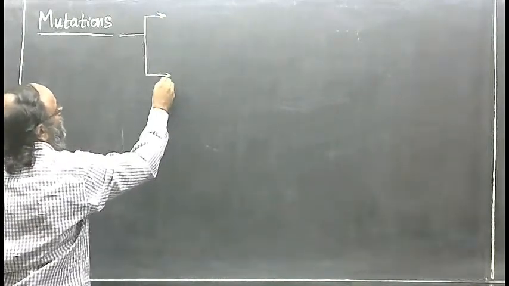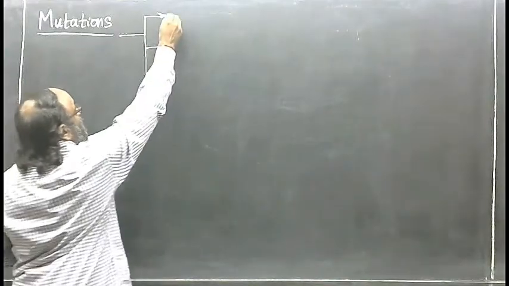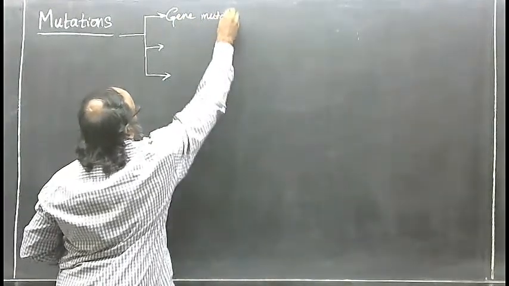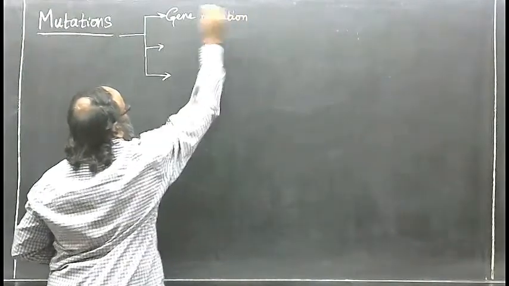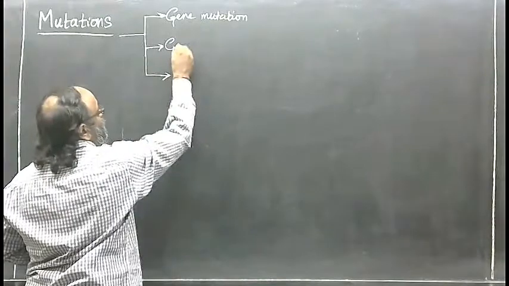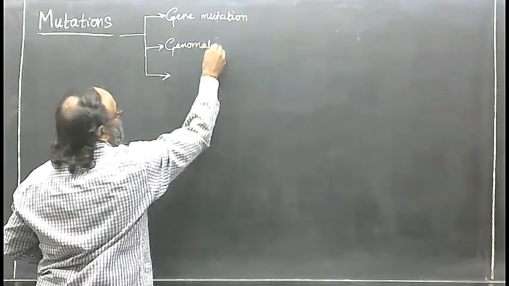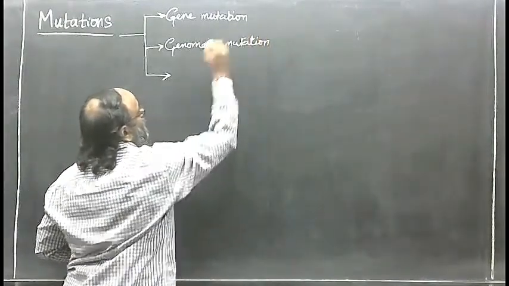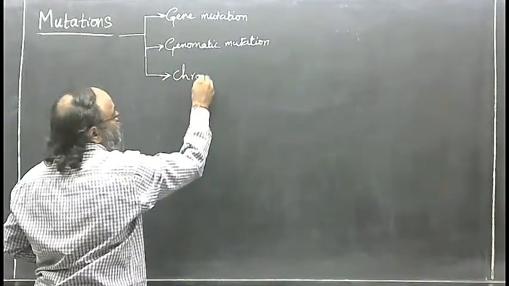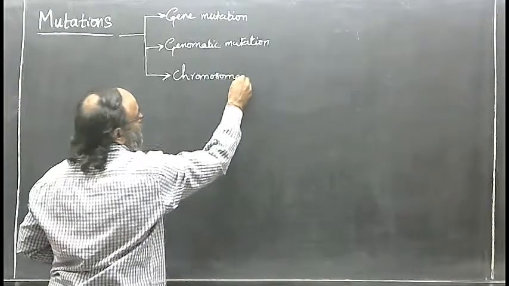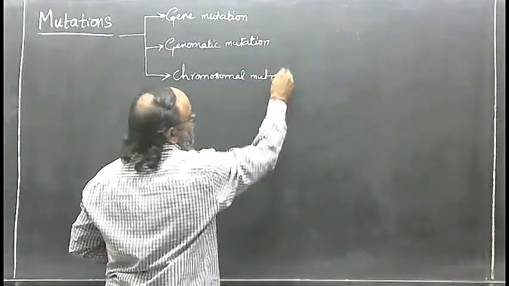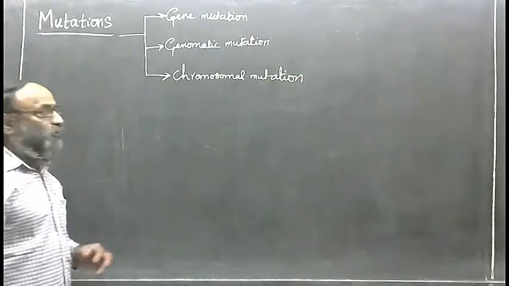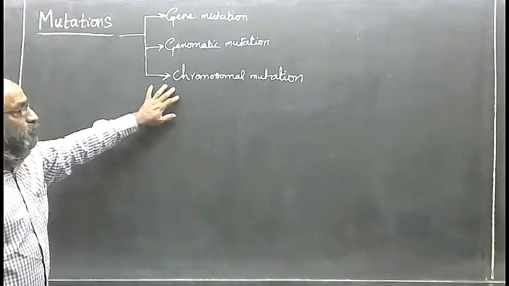Mutations are broadly classified into three types: gene mutation, genomic mutation, and chromosomal mutation.